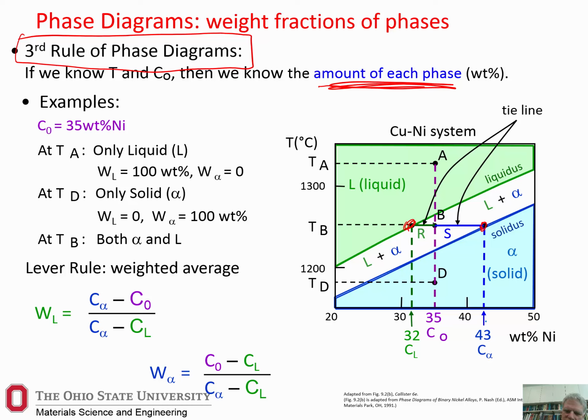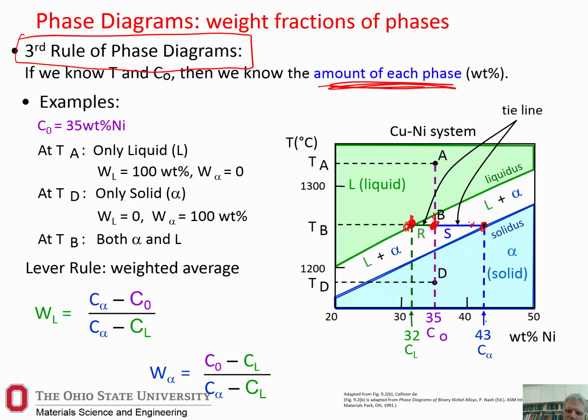But basically, the thing here is the lever rule. I'm just going to do it very briefly. But this is the overall composition. If the overall composition is just about the same as the liquid composition, the overall composition should be all liquid. If the overall composition is near the solidus, it should be all solid.